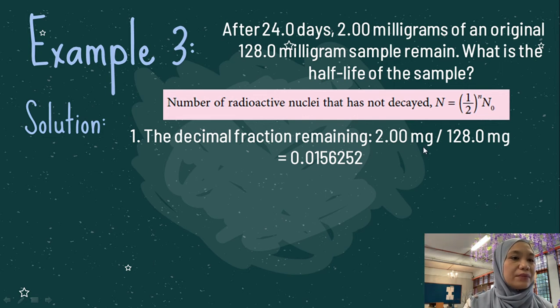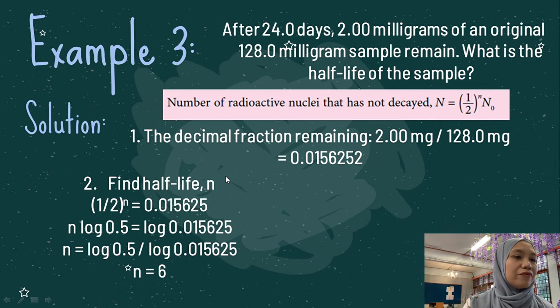So we get the decimal fraction remaining, which is 0.015625.